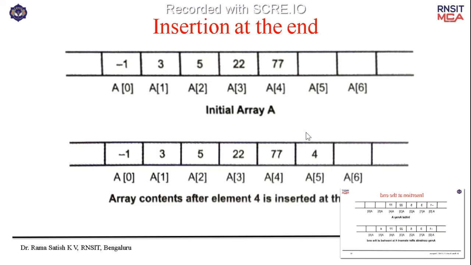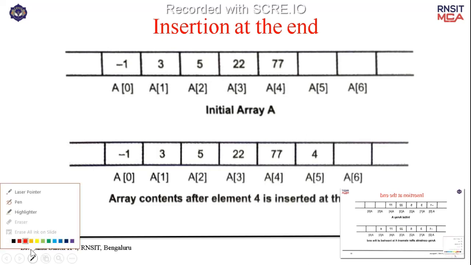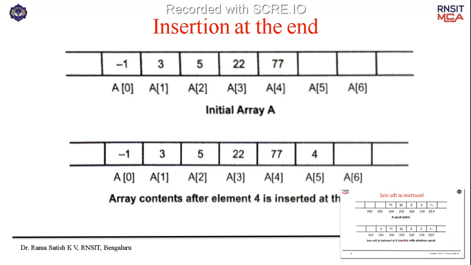And alternatively, if an element is required to be inserted in the middle, then definitely what happens? Suppose I want to insert an element at position number 3, a of 3, where 4 has to be inserted.